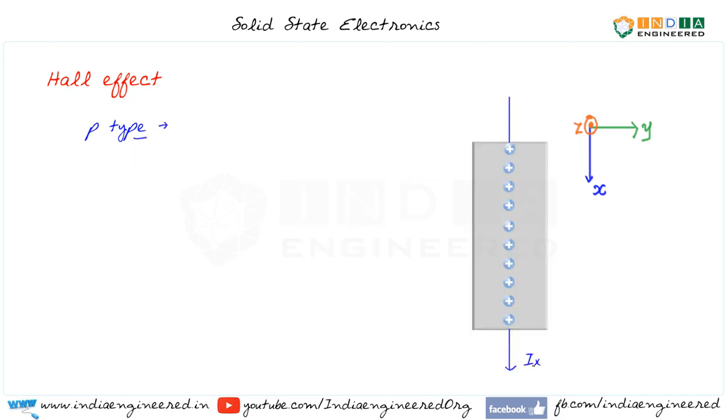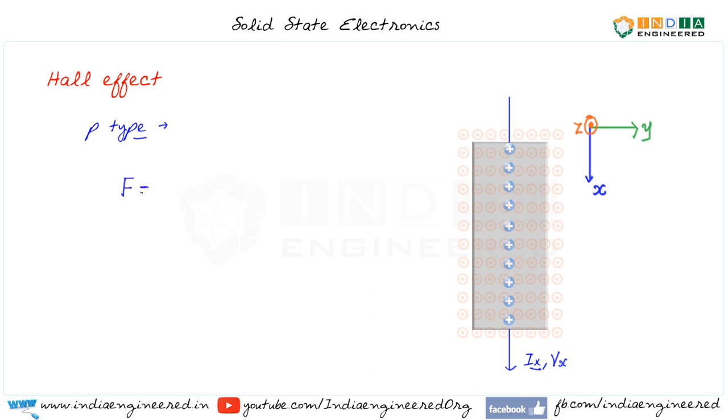So we have considered a current flow along the x direction, and we have said that the particle velocity, that means the charge carriers which are holes, are also moving along the same direction, where Vx is the drift velocity. When we apply a magnetic field, this charged particle will experience a force.